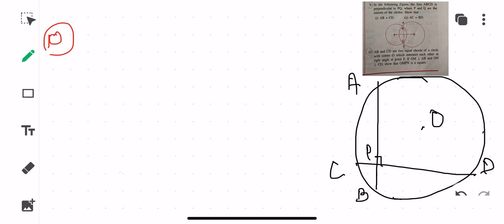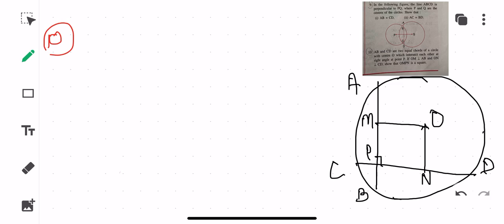Now what they have given: two equal chords with center O intersect each other at right angle at point P. If OM is perpendicular to AB, so this is also given, children. We have a point here OM which is perpendicular to AB and a point here ON which is perpendicular to CD. So you have to show that OMPN is a square.